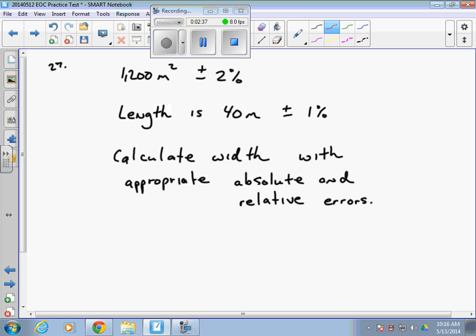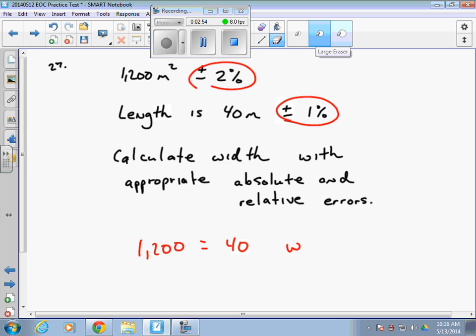If you're not talking about the 2% or 1% plus or minus, you know 1,200 equals 40 times the width, because that's what we calculate, the width. So you know it's going to be 30, because 30 times 40 is 1,200.